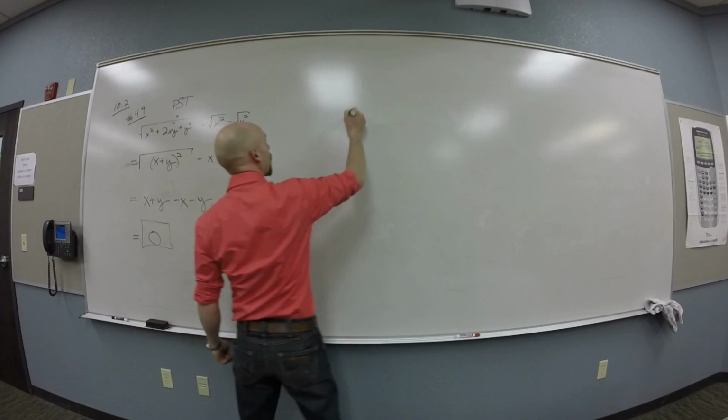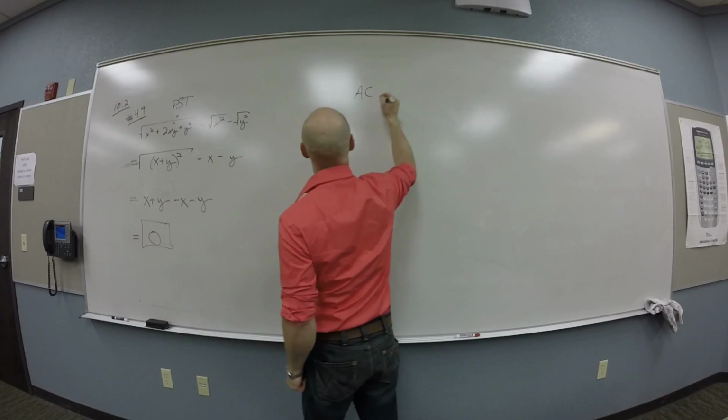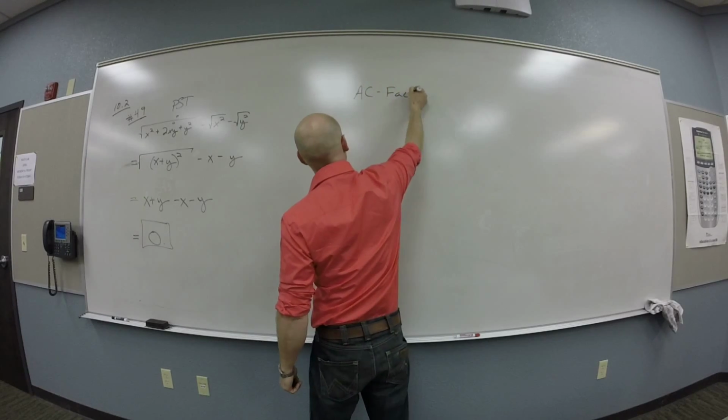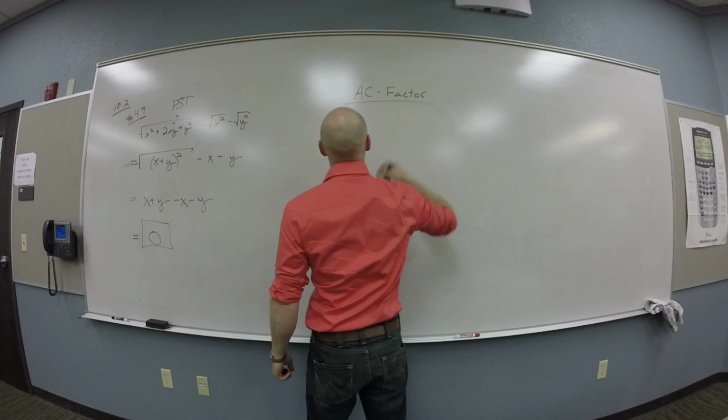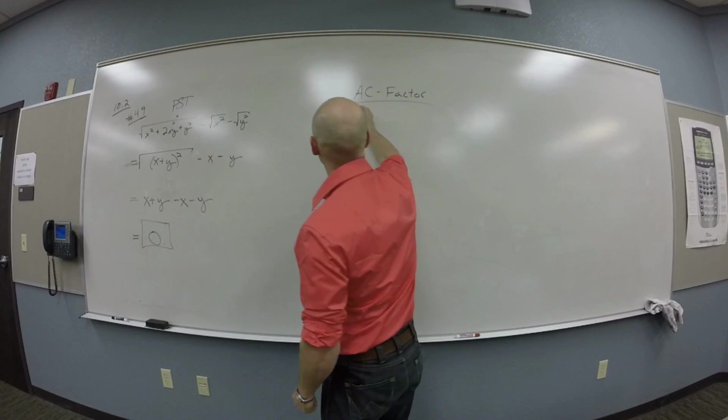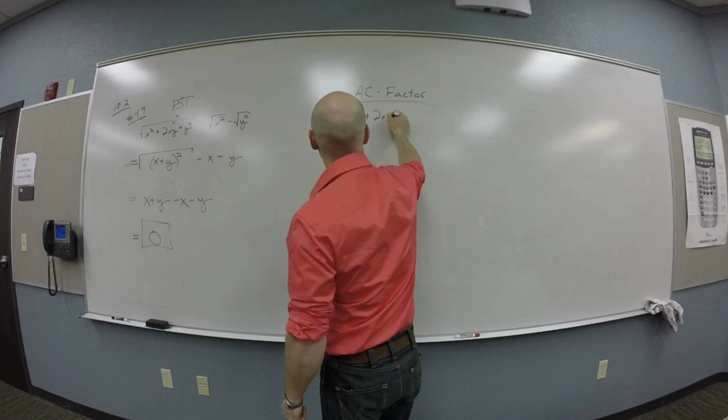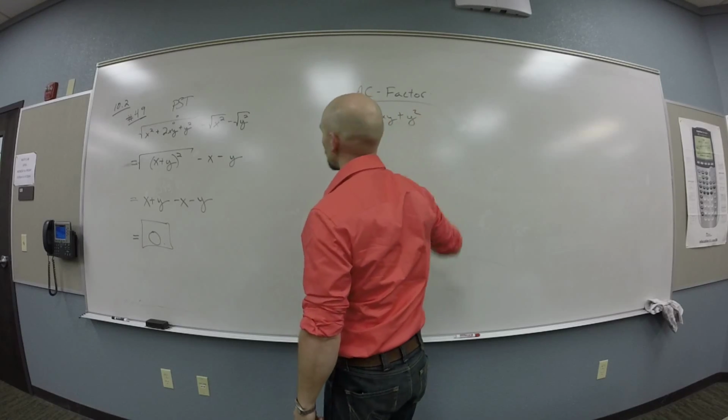Okay, do the math. So if I maybe didn't see that I could factor it, I might think, all right, I'm going to just AC factor x squared plus 2xy plus y squared.